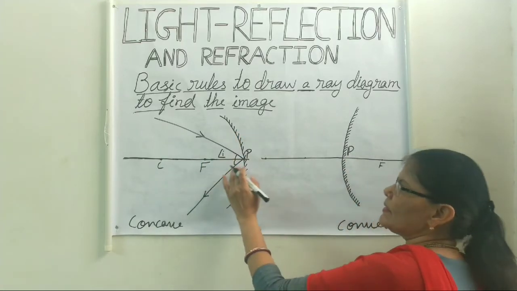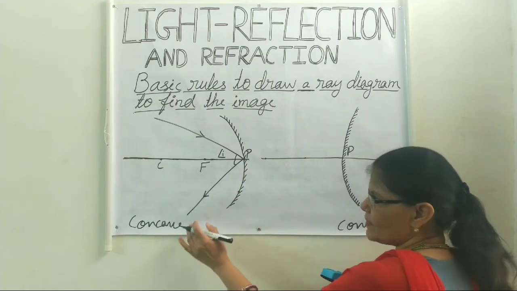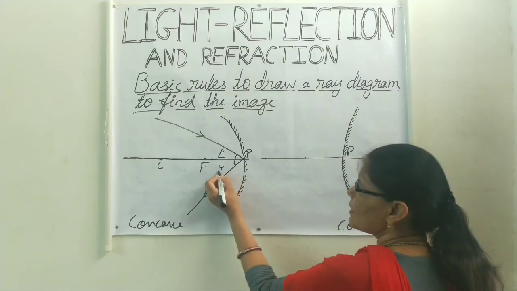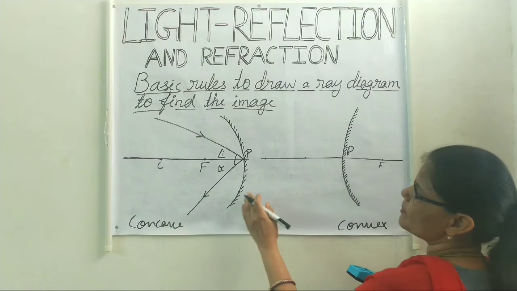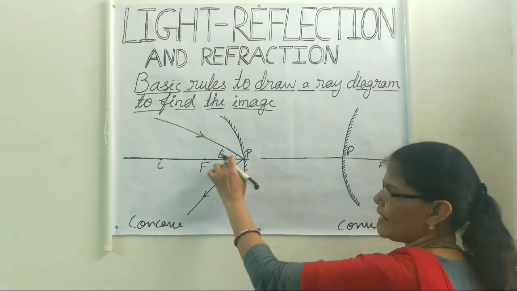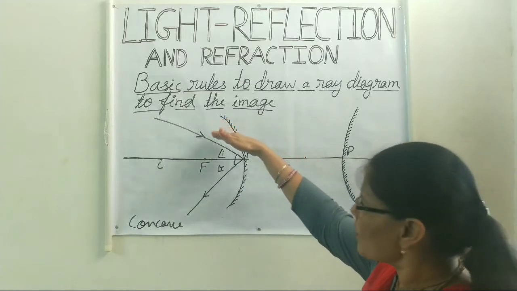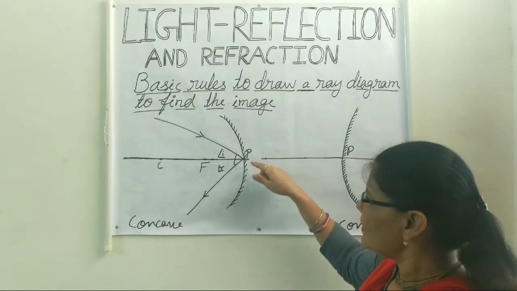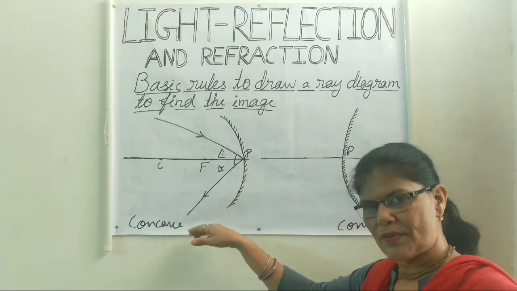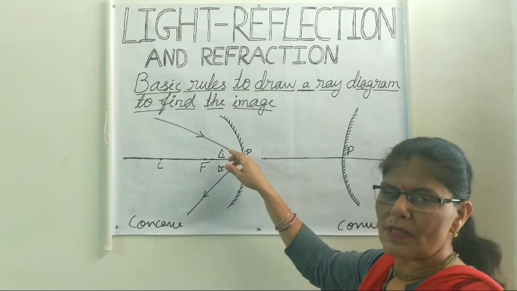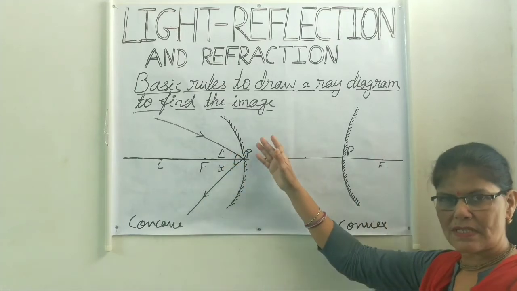This is the reflected ray. This angle is the angle of reflection, which is formed between the reflected ray and the normal. So when an incident ray falls obliquely at the mirror, then it will be reflected obliquely only, and they will follow the laws of reflection. Angle of incidence is equal to angle of reflection.